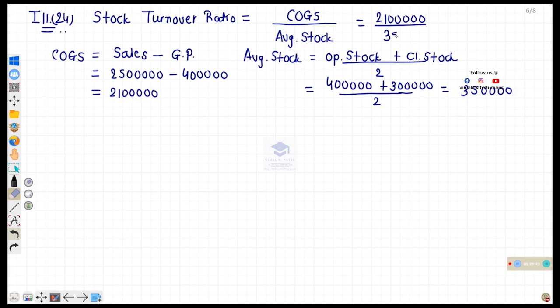And average stock 3,50,000. 21 lakh divided by 3,50,000. What will be the answer? Six times, the stock turnover rate. Clear?